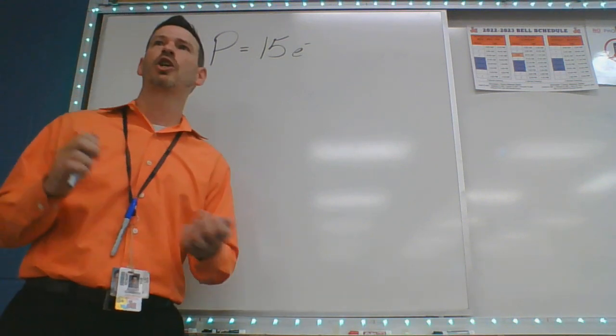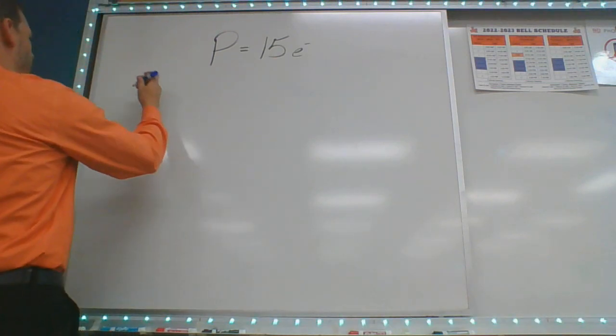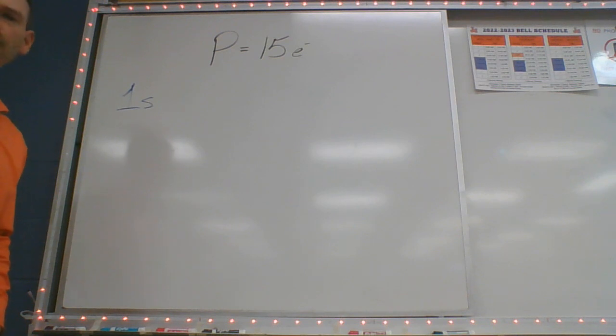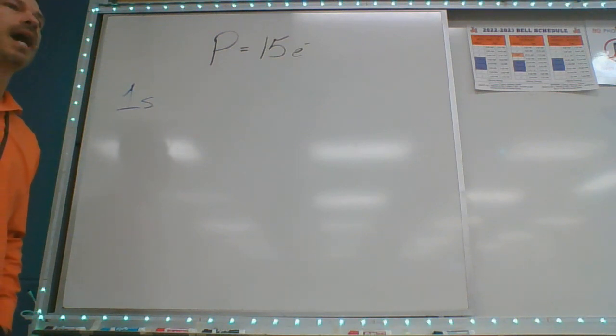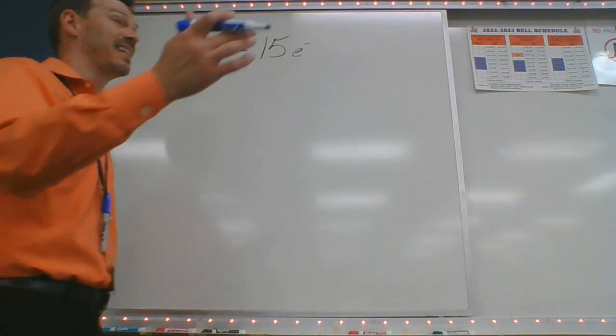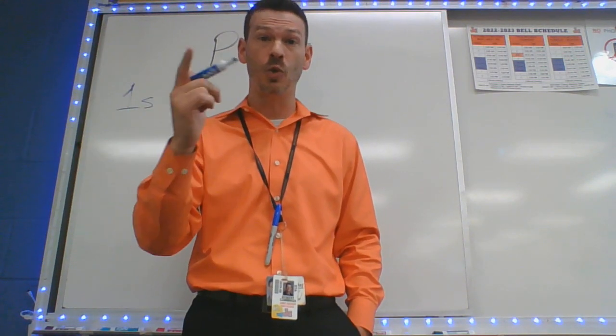We know that we always start at 1s, right? Lowest energy level, simplest shape. But we're not going to draw lines and arrows in this new notation. Instead, we're going to simplify it and just put an exponent that symbolizes the number of arrows that you would have drawn.